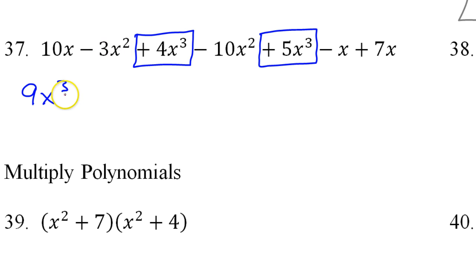Now let's move down to x squared. I've got negative 3x squared, and I've got negative 10x squared.